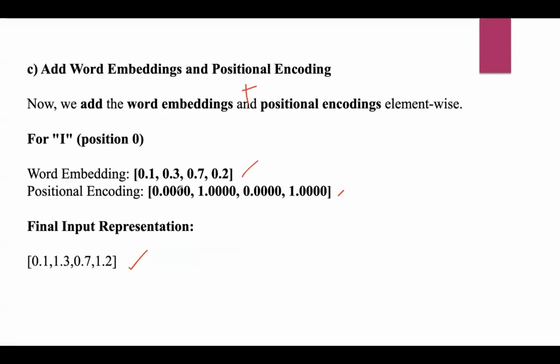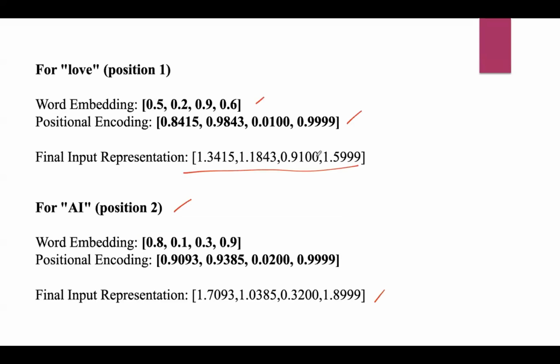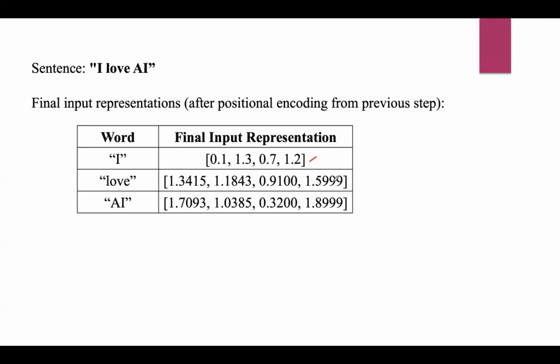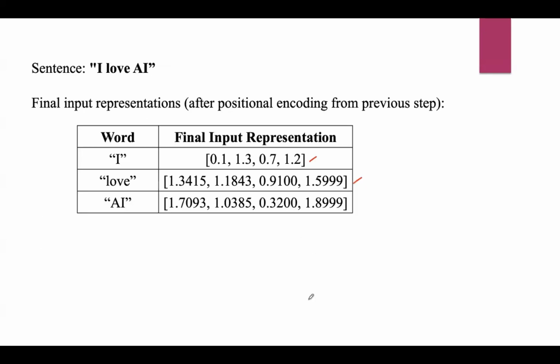These are the values we got: 0.1, 1.3, 0.7, 1.2. And for love, 1.3, 1.1, 0.9, 1.5. For AI, 1.7, 1.0, 0.3, 1.8. So this is the final input representation for the sentence, I love AI.